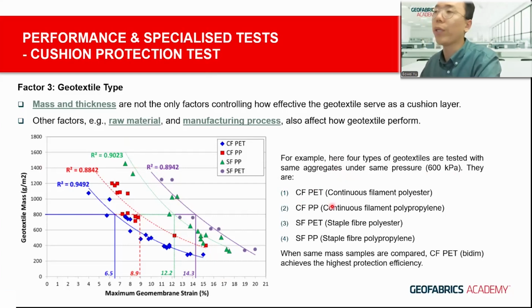What we discovered is that when the mass of the specimens is the same, the continuous filament polyester, which is the blue dot here, outperforms the other geotextiles. Therefore, apart from the mass and thickness, we recommend people pay attention to the raw material and how they are manufactured, as these can affect the performance as well.